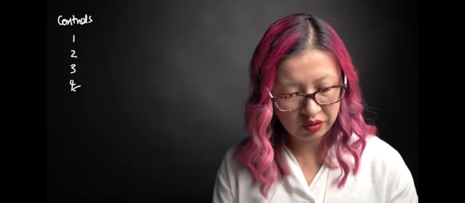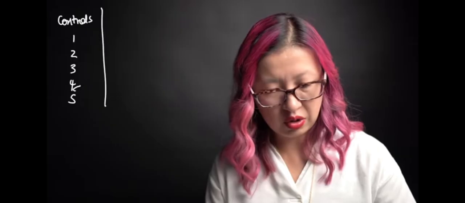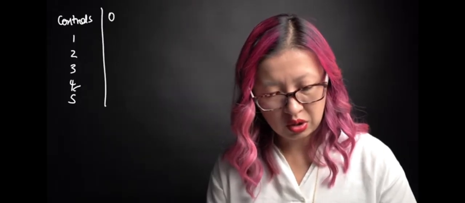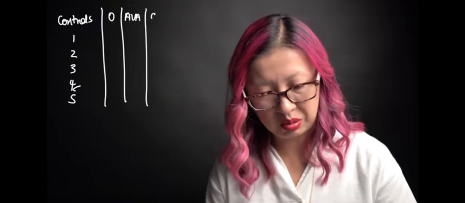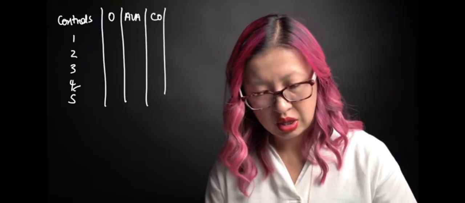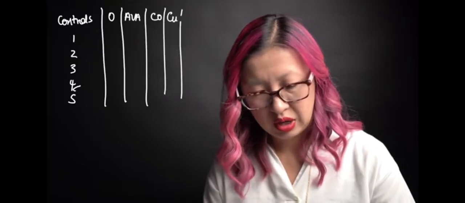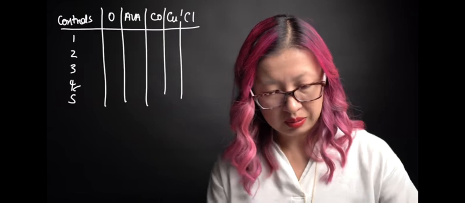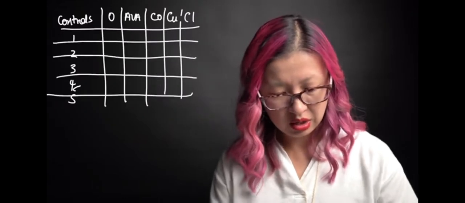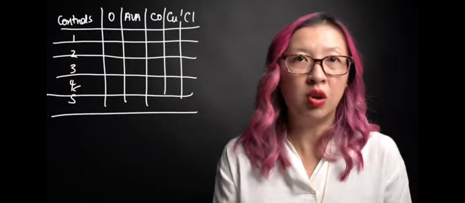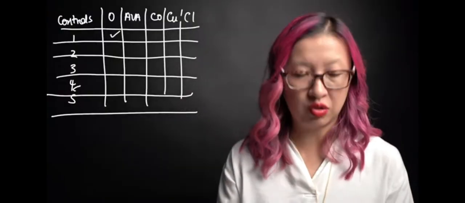So usually you would map this out in some sort of matrix. You've got all of your different controls here, 1, 2, 3, 4, 5. You've got your assertions, so occurrence, accuracy, valuation, allocation, completeness, cutoff, classification. All right. And then you can actually go through and say, control 1 is an occurrence control.